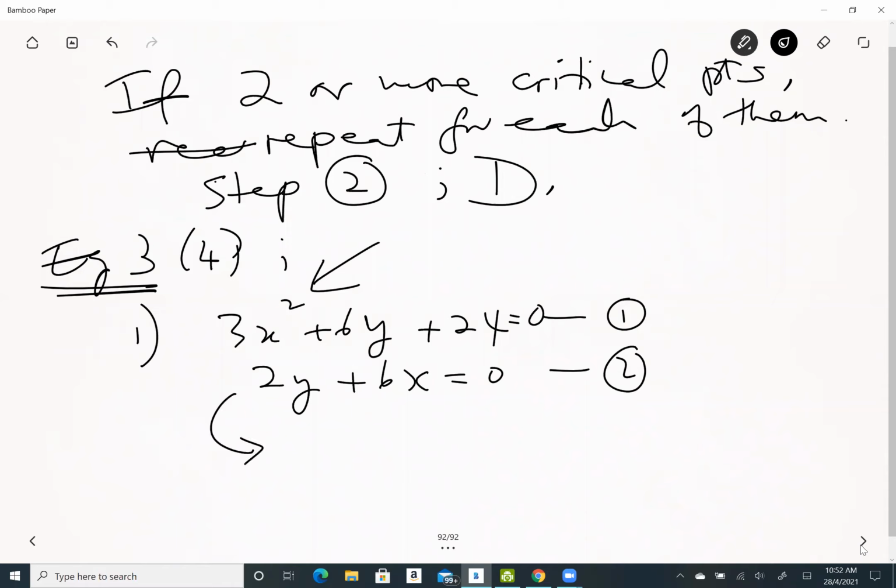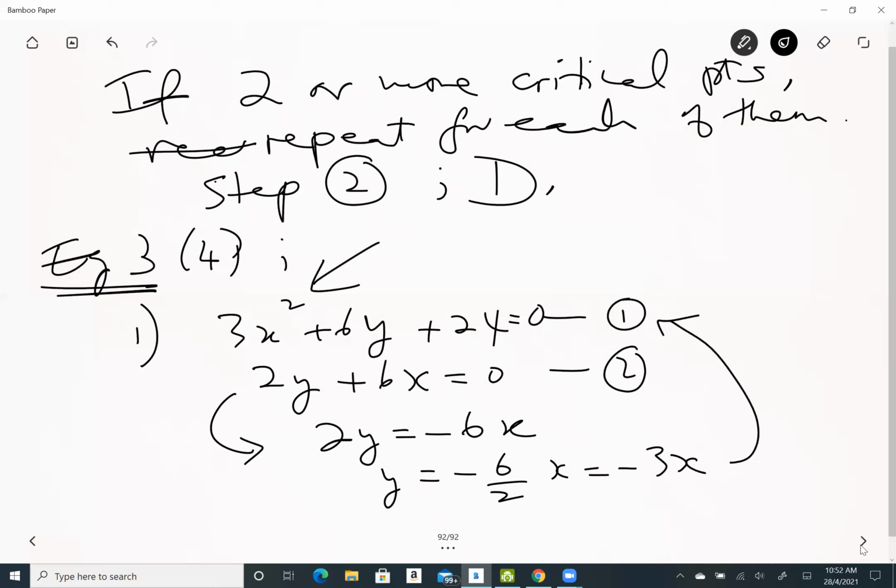I get 2y equal to negative 6x. That means y equal to negative 6 over 2x. That will be negative 3x. So I got y equal to negative 3x. I put into number 1.